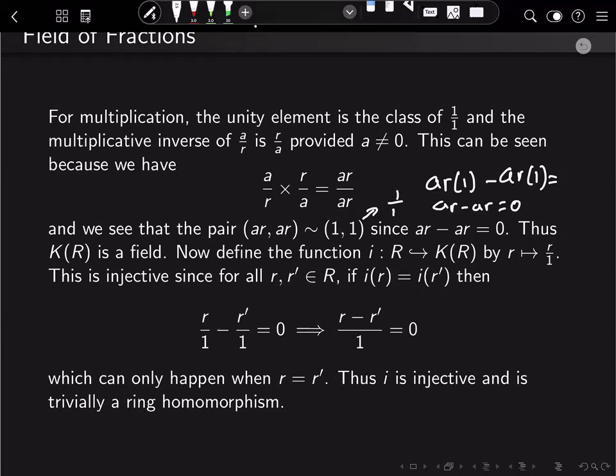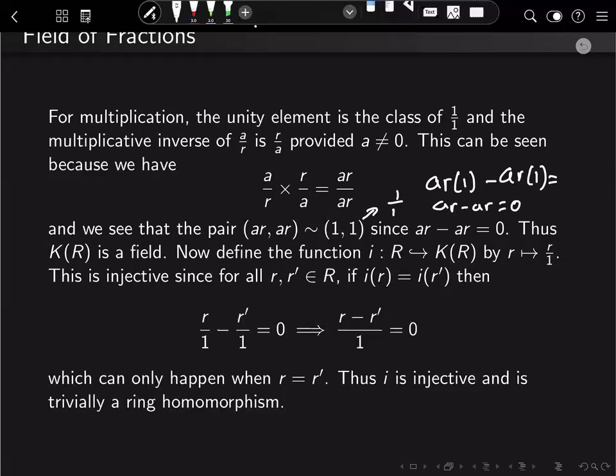Now we're going to get to showing that this is actually a universal construction. So we're going to define the function I that maps R into K of R by sending R to R over 1.